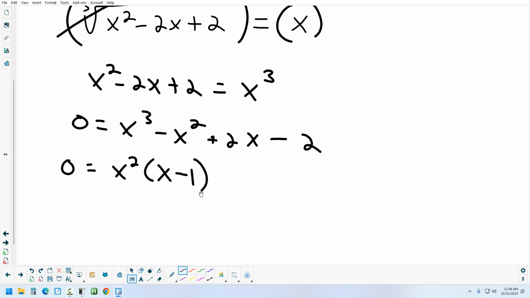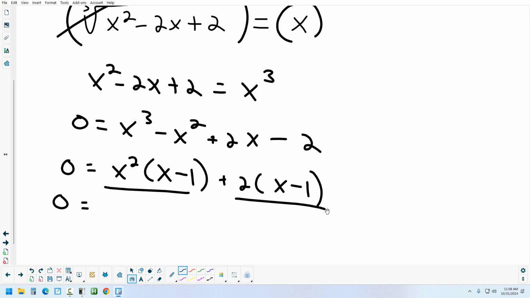All right. What do the last two terms have in common? Yeah. The 2. So let's factor out the 2. Perfect. That's going to work for factor by grouping. What do both of those have in common? Yeah. X minus 1. Okay, so factor that out.